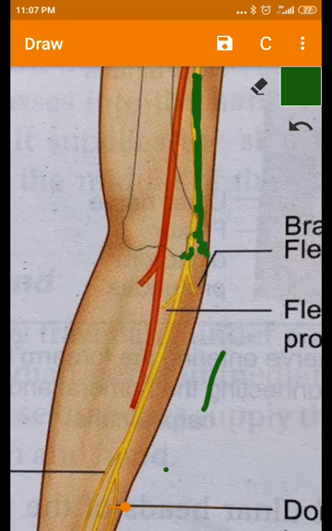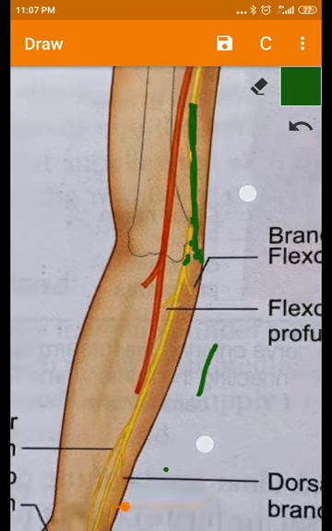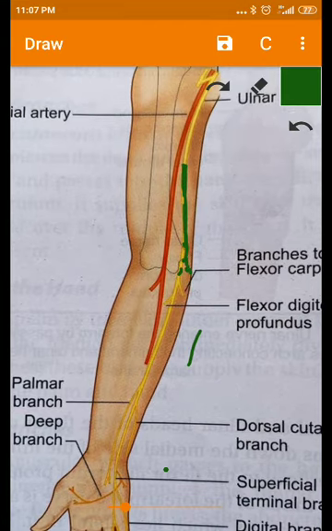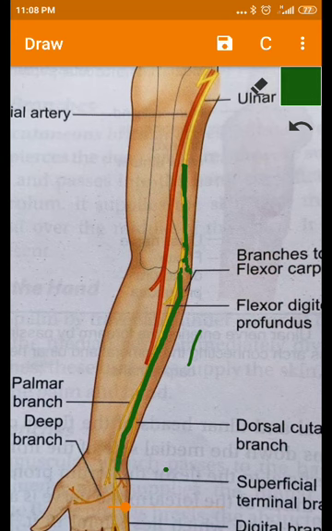So the nerve passes deep to the ulnar head and the humeral head of flexor carpi ulnaris, and then runs down the medial side of the front of the forearm, lying superficial to the flexor digitorum profundus.